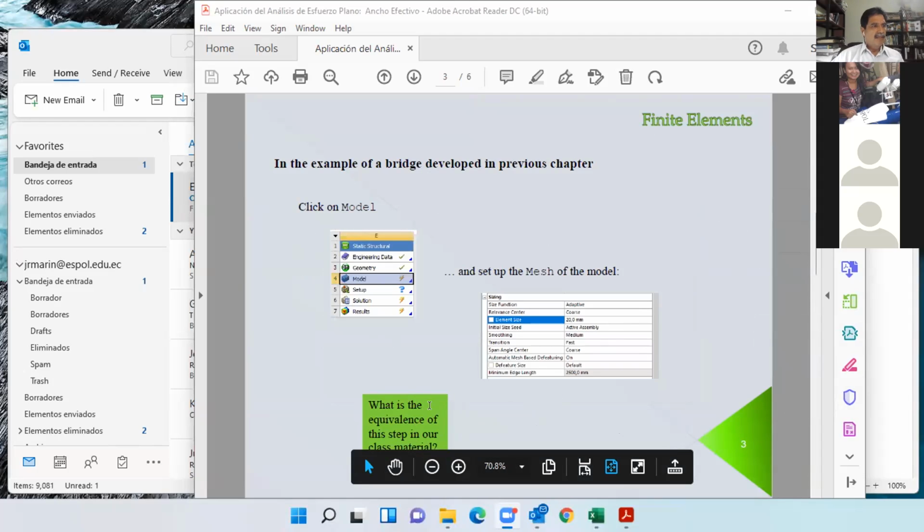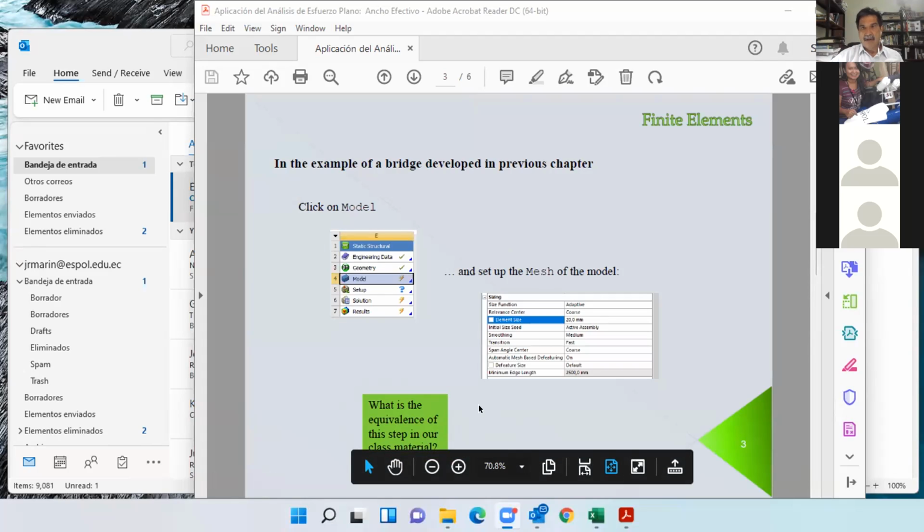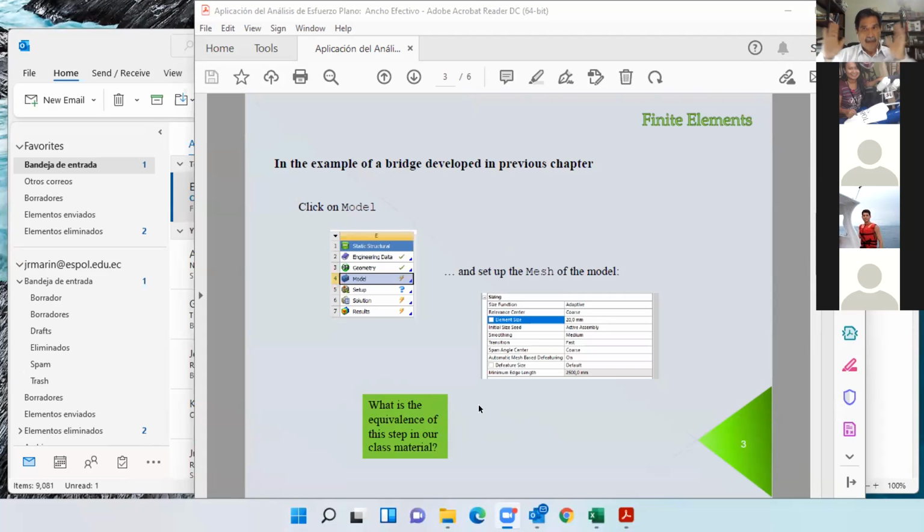Okay, so can I ask you, what is the equivalence of this step, preparing the mesh, in the material that we explain in class? How did we call this process in class? Discretization. Exactly. So you partition the domain and you are going to analyze each one of these elements one by one.